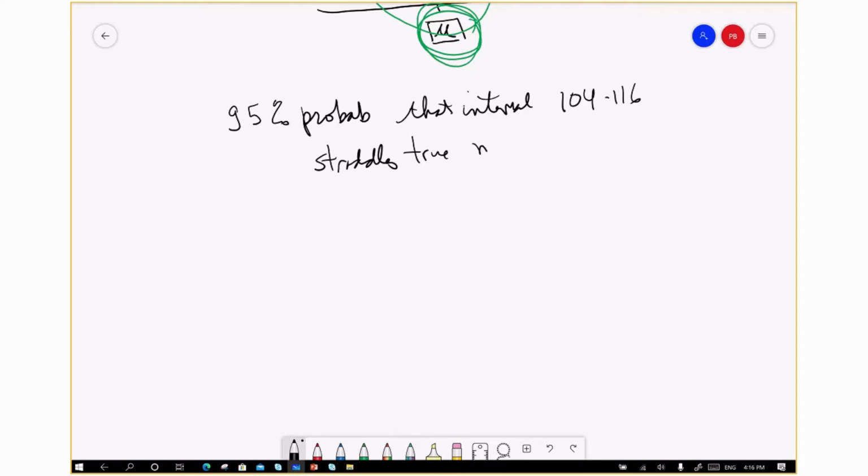That's not true. And the reason it's not true is, if we go back to our drawing, there's our population mean on our number line for IQ, and we go out and we get a particular interval.